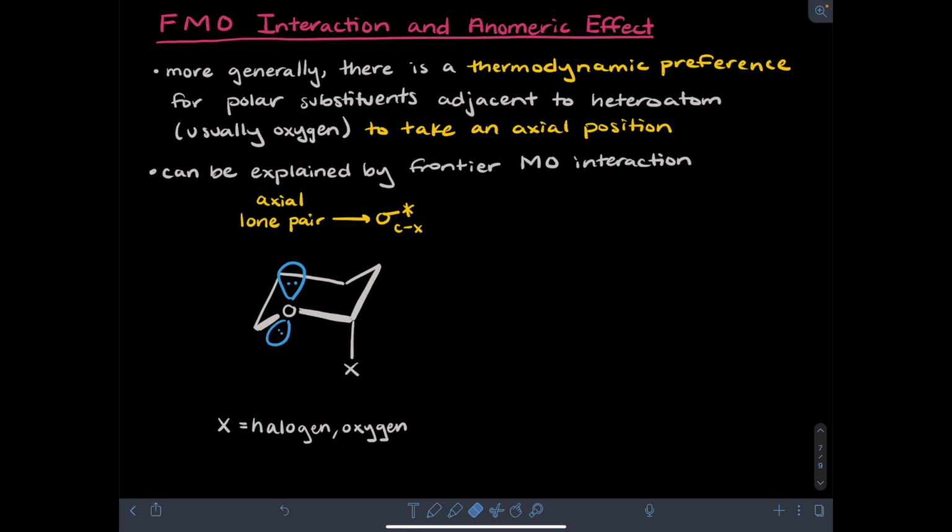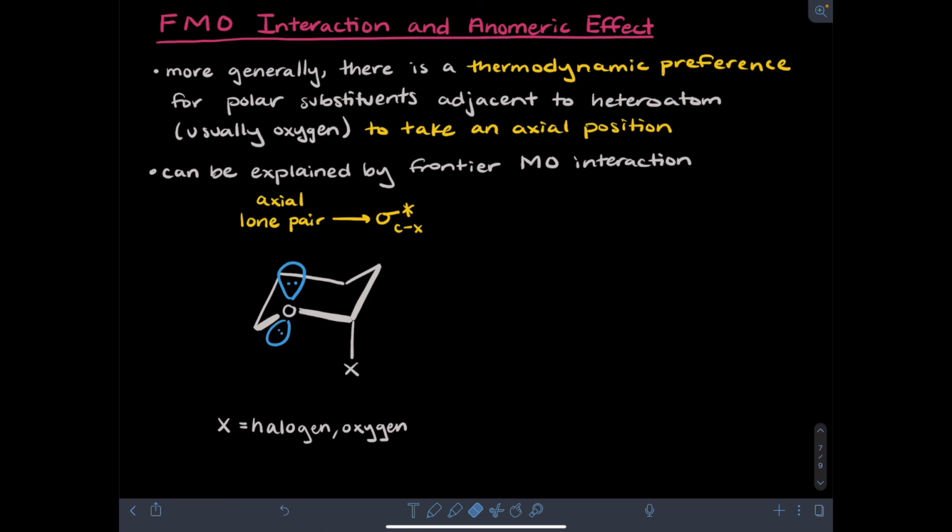The type of molecular orbital interaction I'm going to describe is one where, in this case, the oxygen of the ring, its axial lone pair, is going to donate into an antibonding orbital for your carbon X bond, where X could be a halogen, an oxygen, a nitrogen, something like that. But it has to be different in electronegativity from carbon.